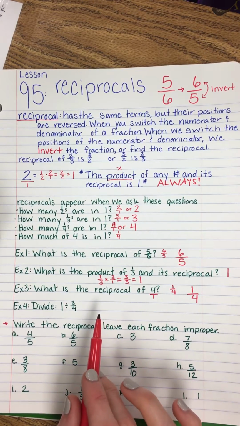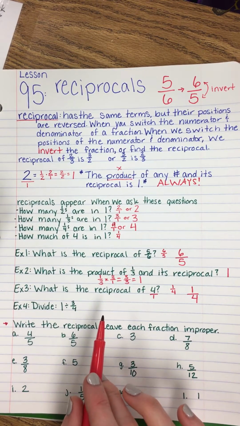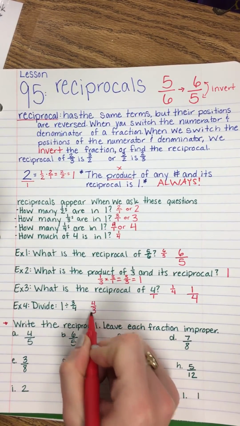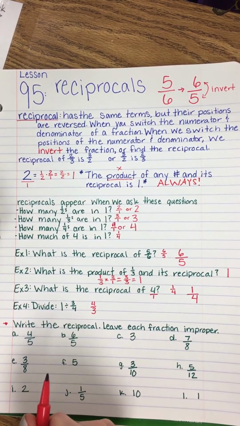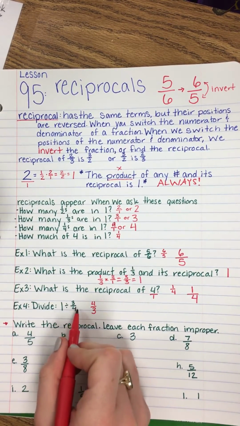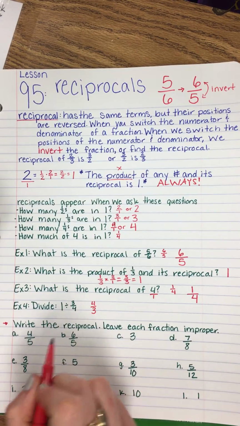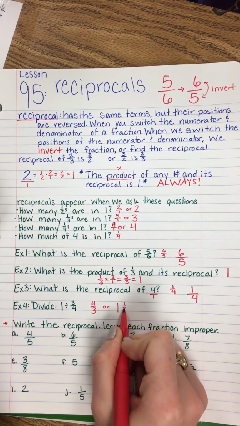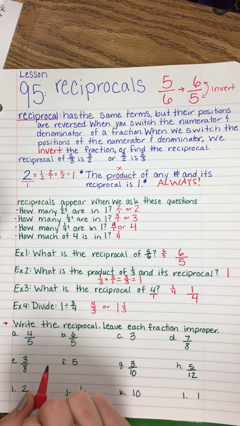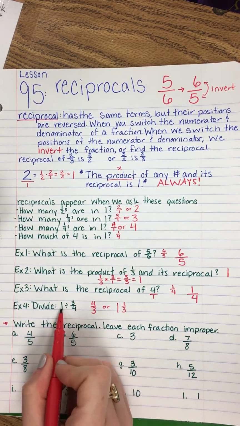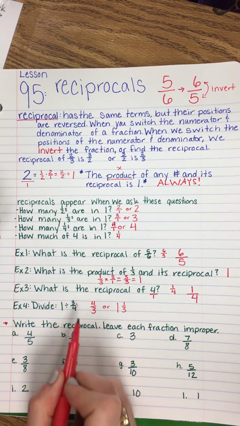So the answer to the division problem is the reciprocal, 4/3, which is the reciprocal of this. Or 1 1/3. That's interesting. So you just keep the 1 the same and then switch these.